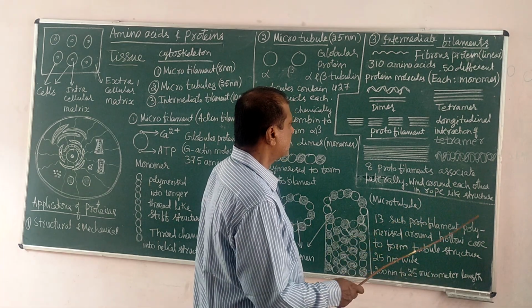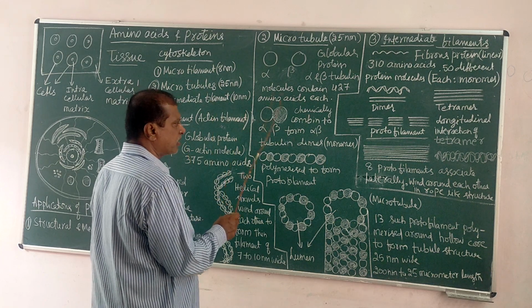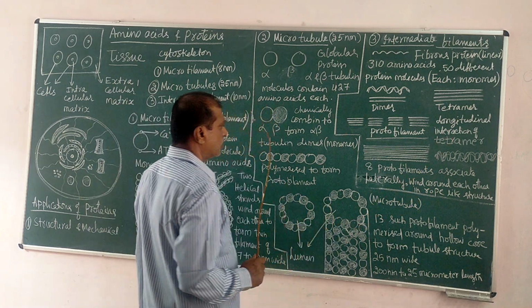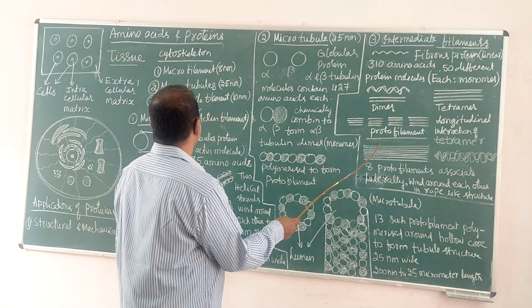All 8 protofilaments twist around each other, forming the intermediate filament of 10 nanometers. That is the final structure we get, the intermediate filament.